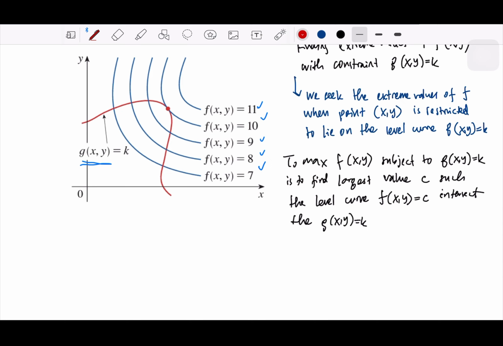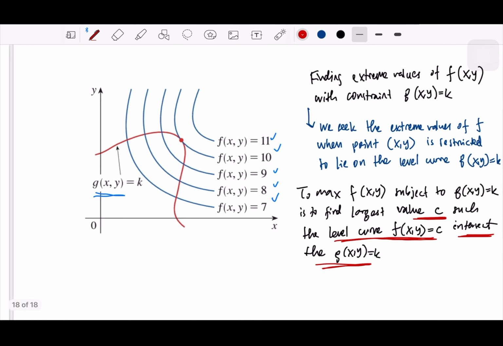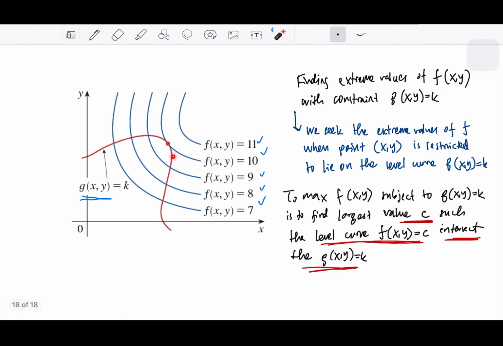So we are going to find the value c such that this point will intersect with the constraint which we have here.